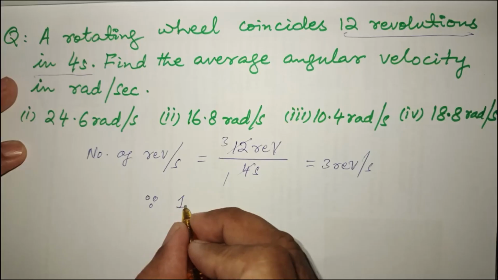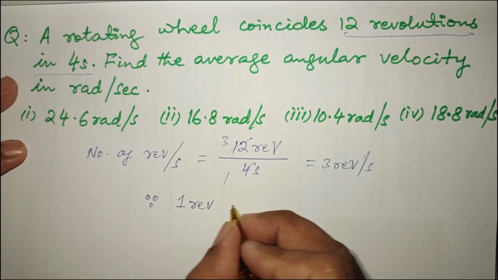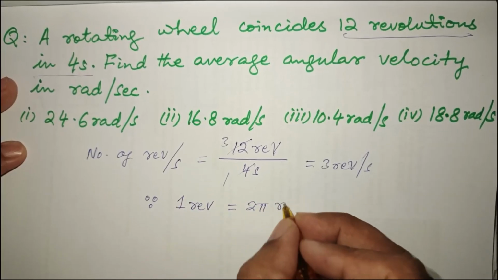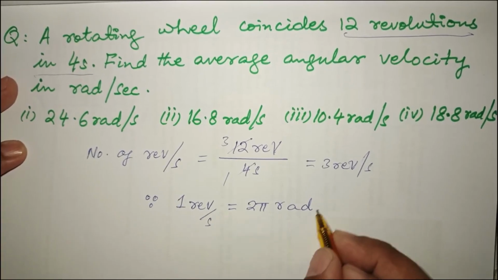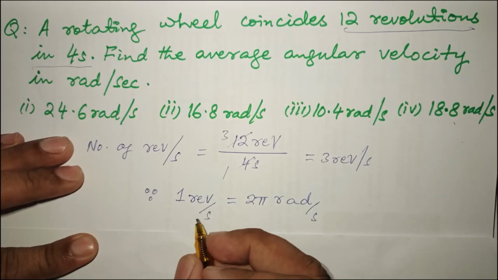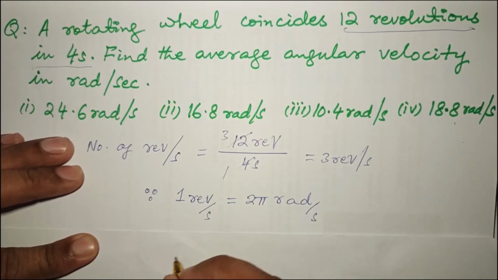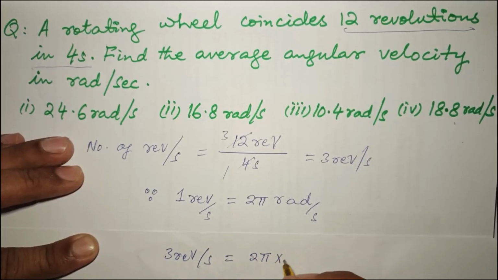We know that one revolution, one complete cycle, equals 2 pi radian. So for 3 revolutions, divided by second on both sides. Now what we'll do is, we have 3 revolutions per second. So this will be 3 revolutions per second equals 2 pi multiplied by 3 radian per second. Now solve this. This will be 2 into 3.14 into 3.